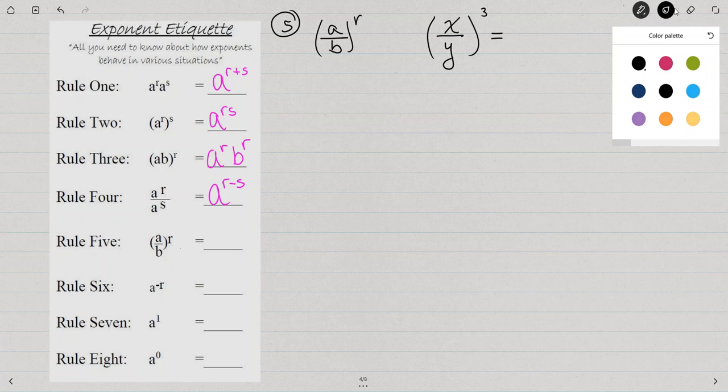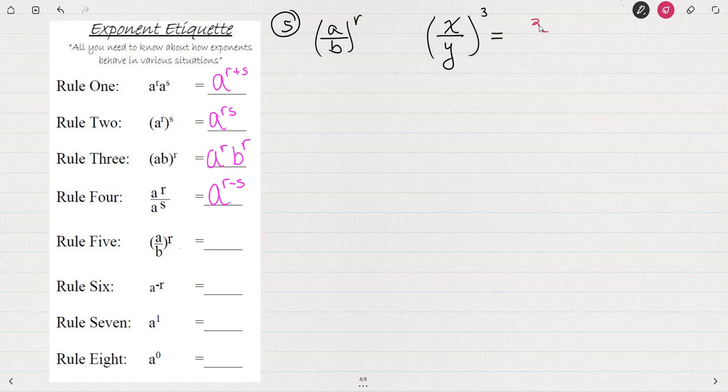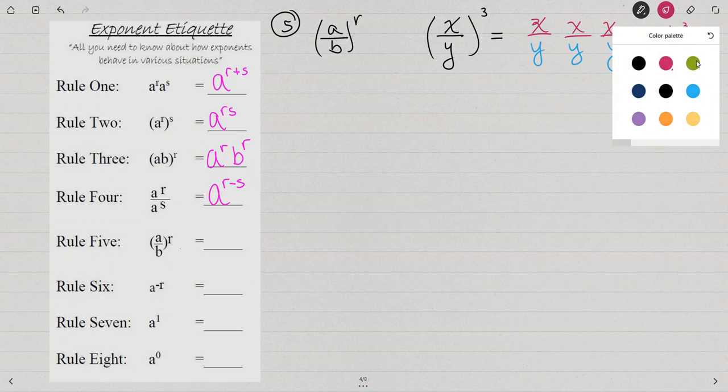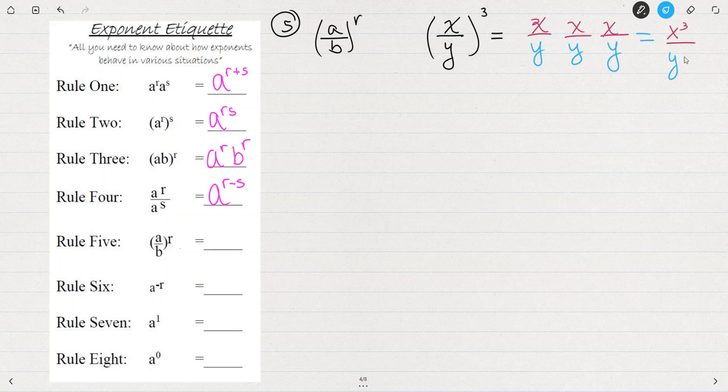Can you see what that would look like? It'd be x over y times x over y times x over y. So we have 3 x over y's. And so I could rewrite that as x cubed over y cubed.